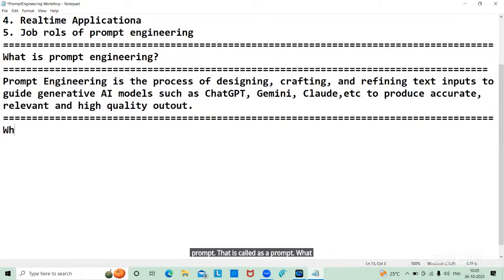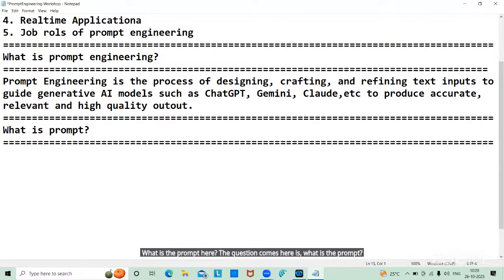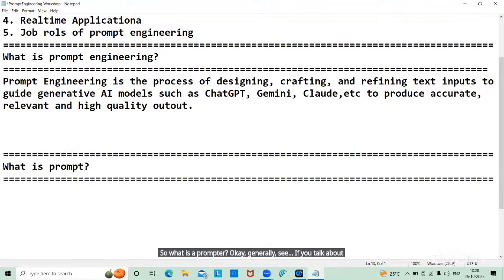The question here is, what is a prompt? Generally, if you talk about the general meaning, a programmer writes code.